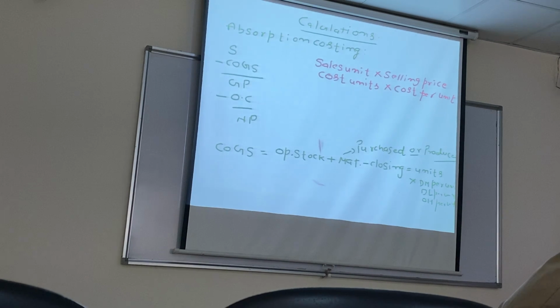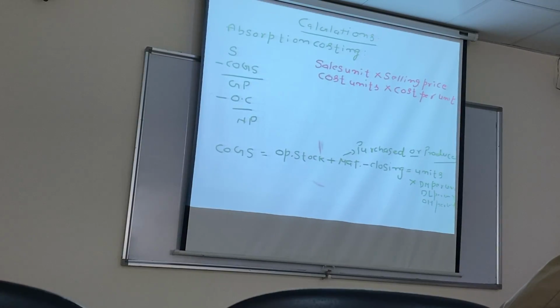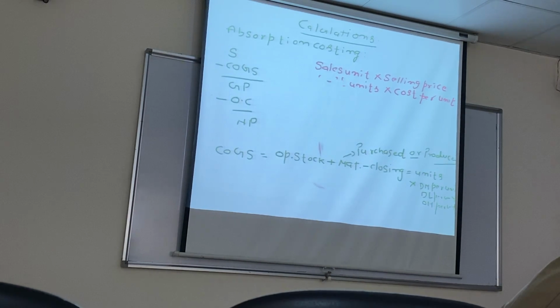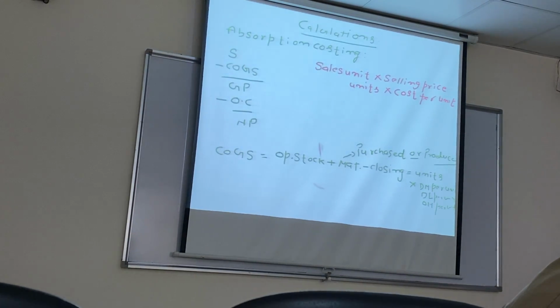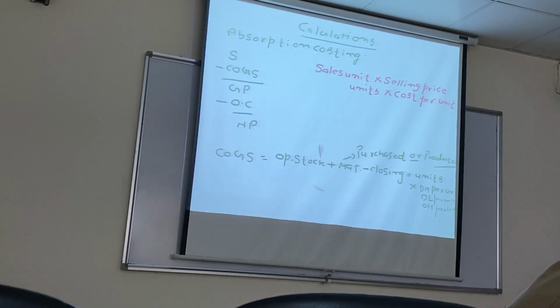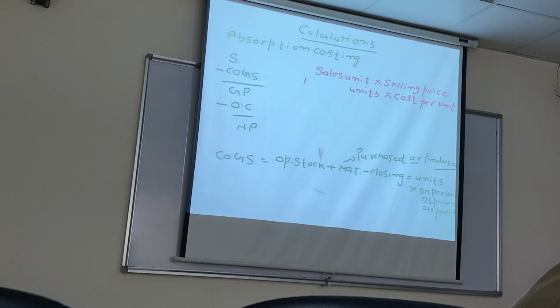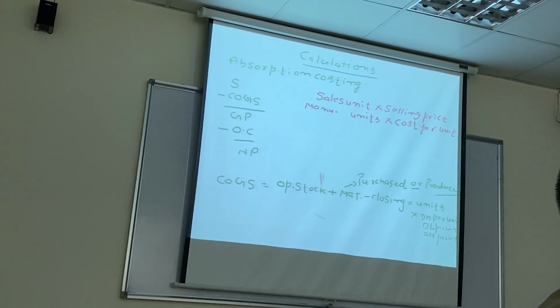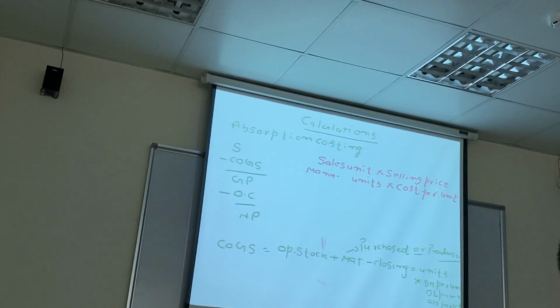Manufacturing units, right, multiply by cost per unit. You can call it manufacturing units. Manufacturing units multiplied by cost per unit.